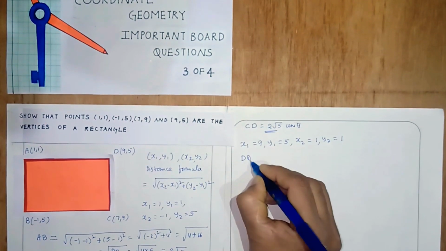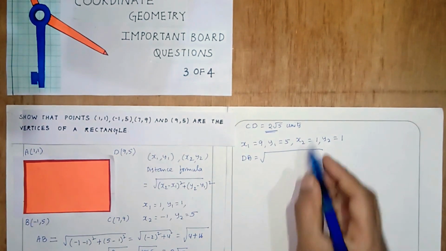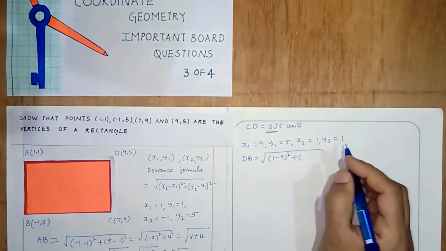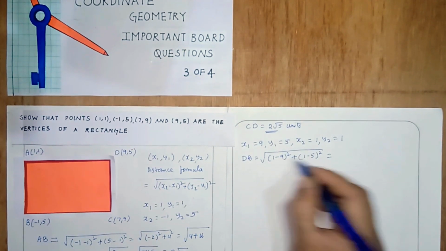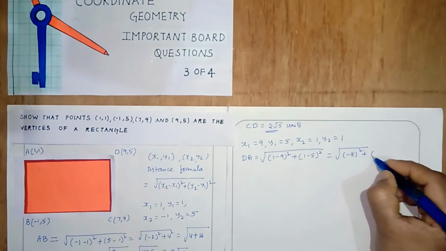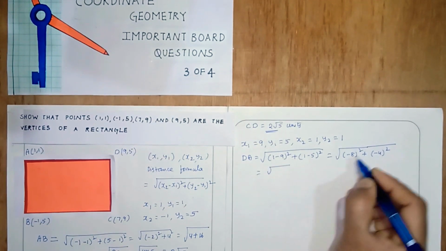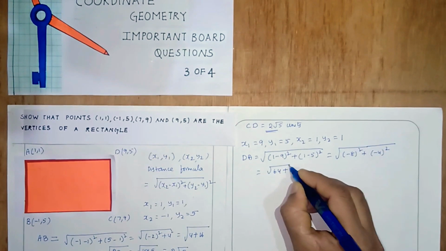Therefore, the length of DA is root of (x2 minus x1) whole square, 1 minus 9, -8 square, plus (y2 minus y1), 1 minus 5, -4 whole square. -8 into -8 is 64, -4 into -4 is 16.